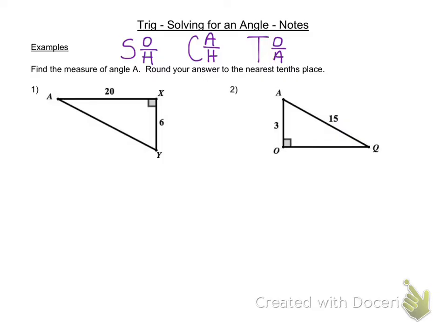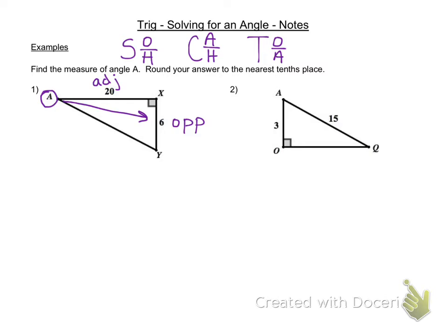So the directions state for number 1, find the measure of angle A. Round your answer to the nearest tens place. So I'm going to start from angle A, and I'm going to label the two sides that are given. We have the side across from angle A, which is our opposite, and then we have the side next to angle A, which is our adjacent side.